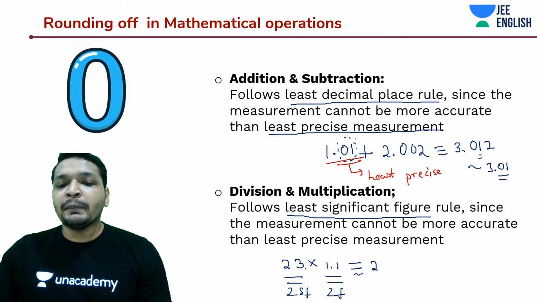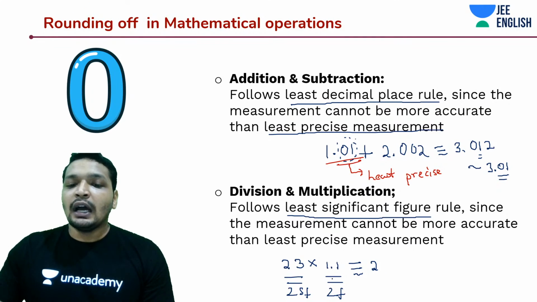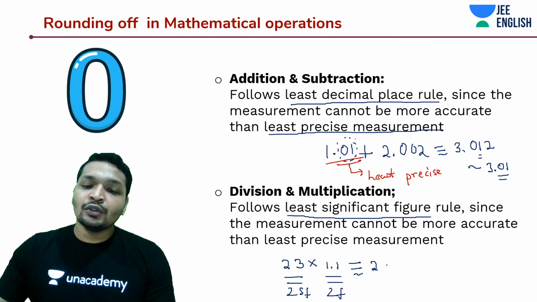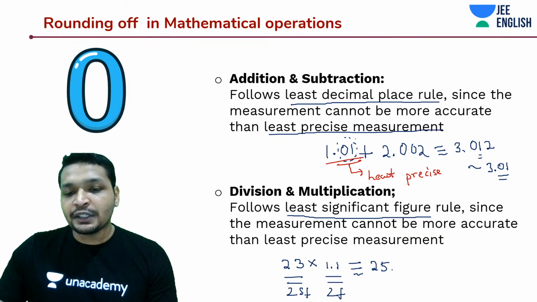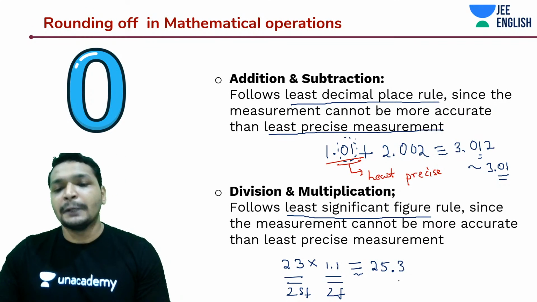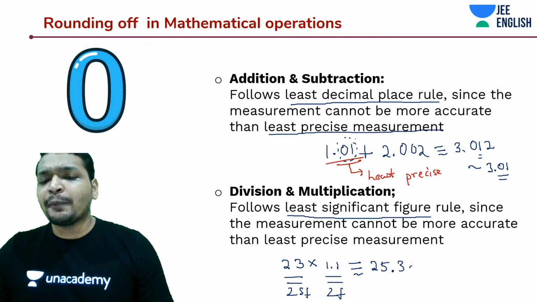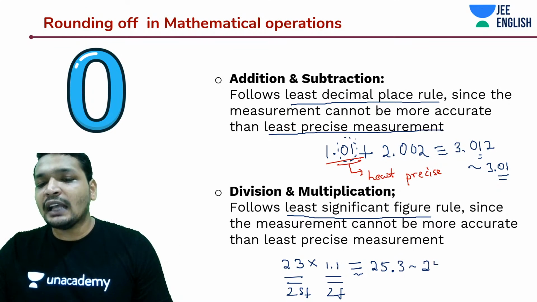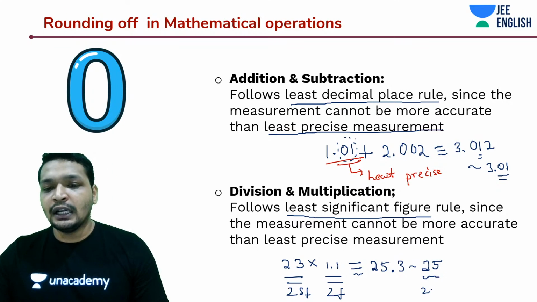This one you haven't measured up to the first decimal place, and you have only measured two significant figures. And in this case as well, you have only measured two significant figures. Now when I do the arithmetic operation of multiplication on this, I'm getting something like 25.3. But I very well know that my value should be conveyed as 25, just two significant figures.